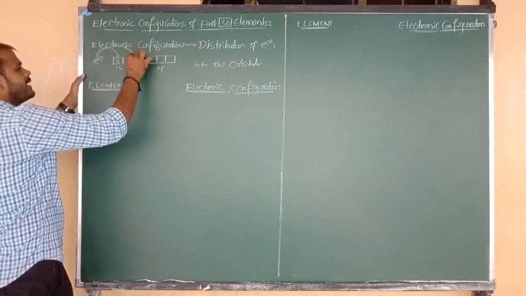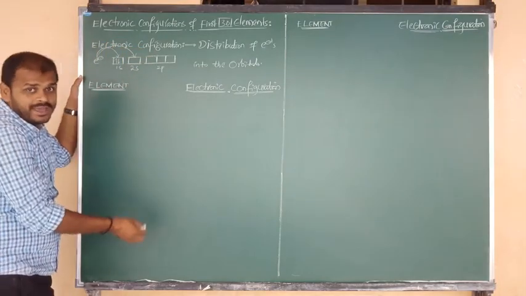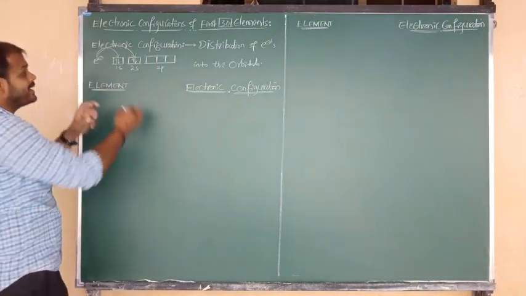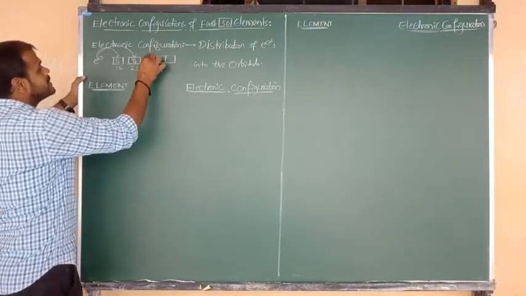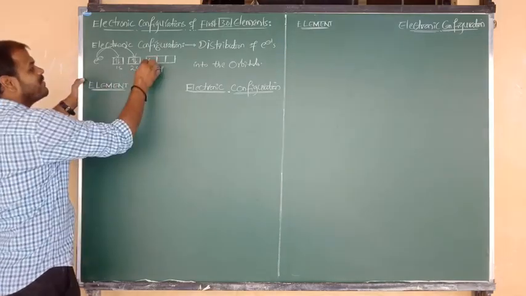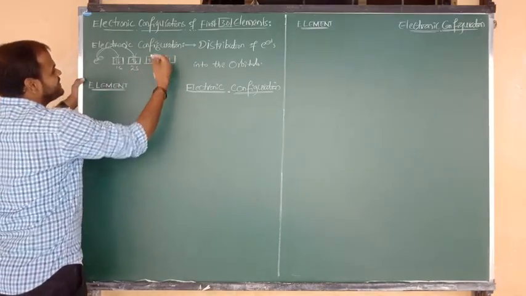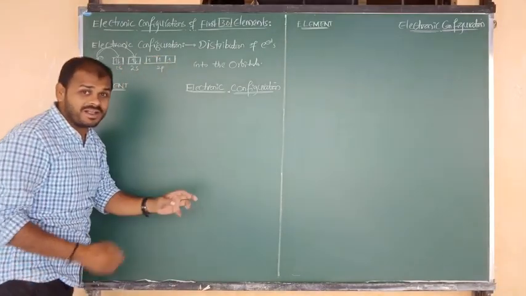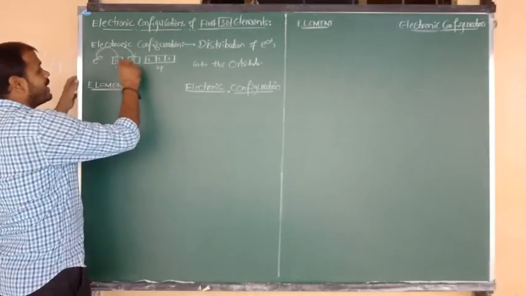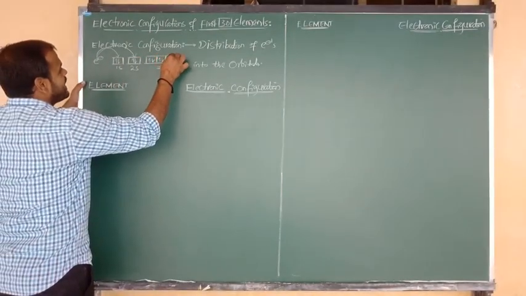Next, filling takes place into the next energy level, 2s, spin up and spin down. Next electrons enter the 2p orbitals, where we have to follow Hund's rule. All the degenerate orbitals are first singly occupied, and after that pairing takes place.